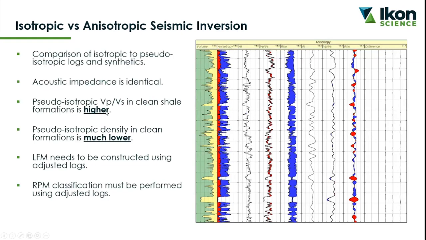But what we see is that in the shales, particularly in the clean shales, the pseudo-isotropic VPVS is significantly higher. And in the pseudo-density comparison, we see that the density in the clean formations is significantly lower.